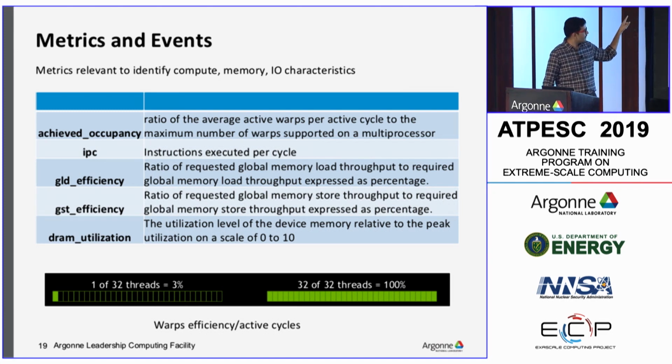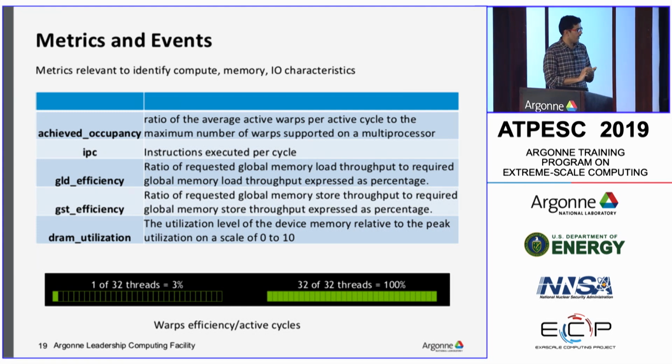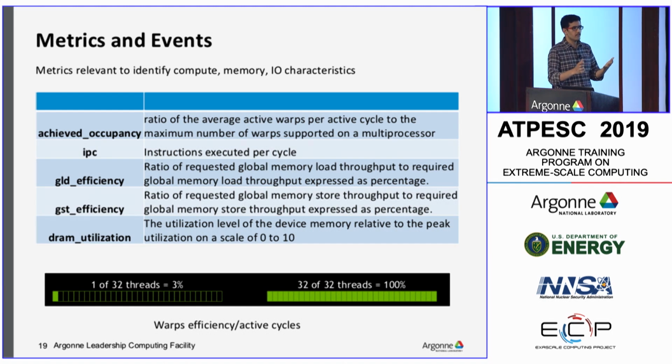The achieved occupancy metric reflects how many warps are active in a given cycle. That gives a measure of whether my GPU compute resources are being used properly, and we want that to be higher. We want the threads to be doing some work.